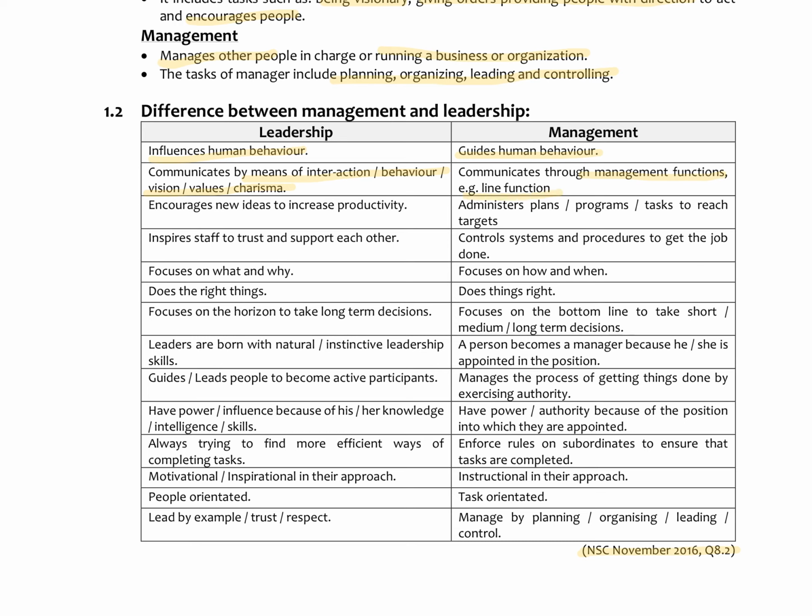A leader encourages new ideas, whereas a manager administers plans, programs, and tasks to each target. A leader inspires staff to trust and support each other, but a manager controls the system and procedures to get the job done. So this is the difference between managers and leaders.